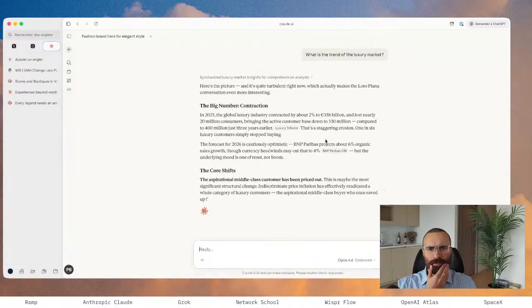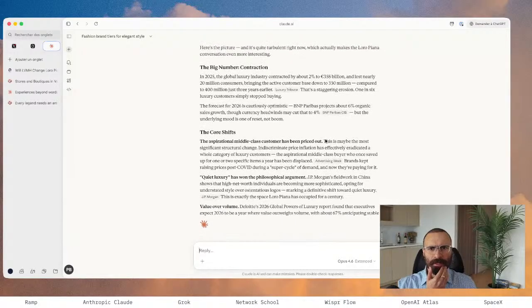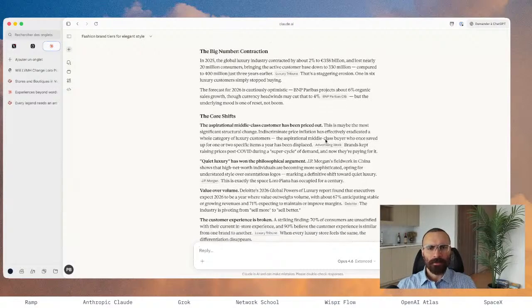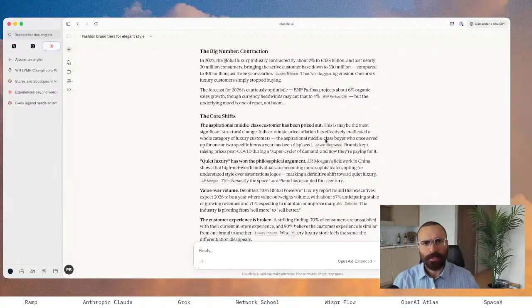The beginning of a contraction. Okay, 2025 contracted 20 million customers, bringing the active customer base down to 330 million. Cautiously optimistic. Currency headwinds may cut to 4%, but the underlying mood is one of reset, not boom.